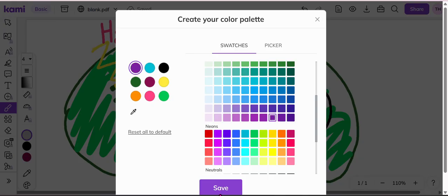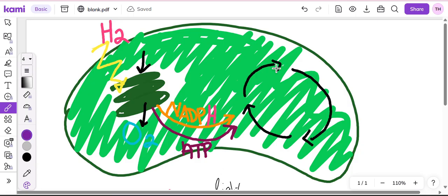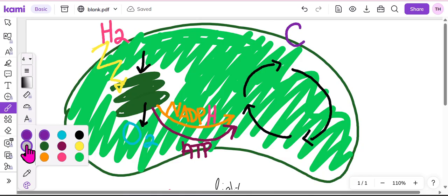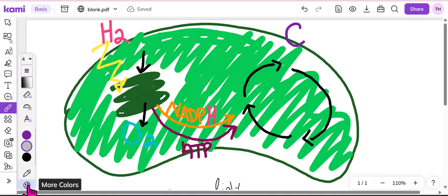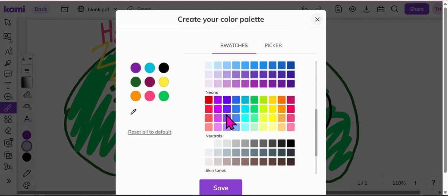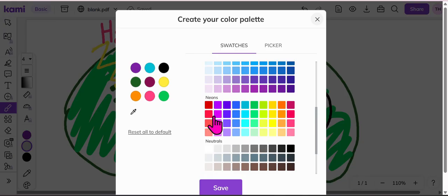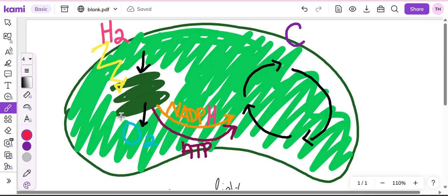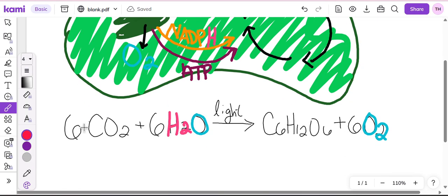Let's go purple. Okay. All right, so now we're going to get C, and then let's change the oxygen to a red. Okay, and then O2. So we come down here, we're going to come to our CO2 molecule.